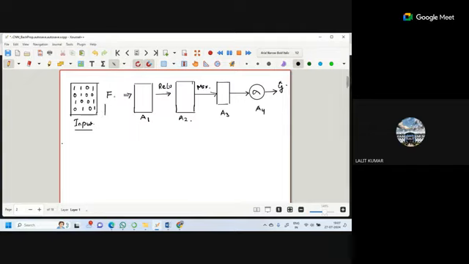For example, if we select an initial filter, 1 0 and 0 1, then at A1 the output we get is 2, 1, 0, 0, 1, 1, 2, 0, 1.